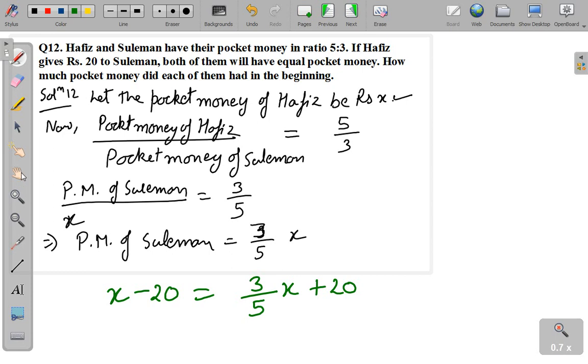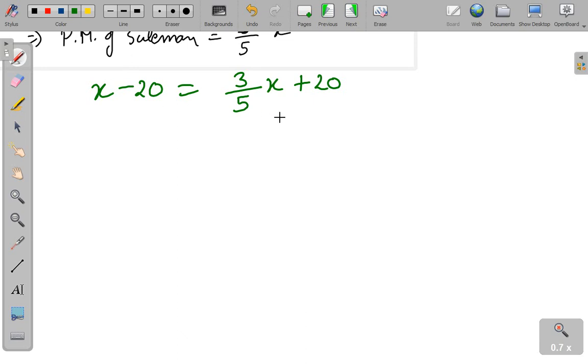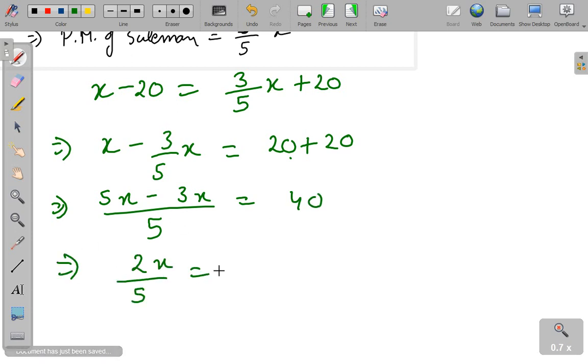So with this we get another equation, and we will solve it to find the value of x. We repeat the same procedure: all the terms with x to one side of the equal sign, all the terms without x to the other side. On taking LCM at our LHS, 5x minus 3x is 2x upon 5, which is equal to 40.